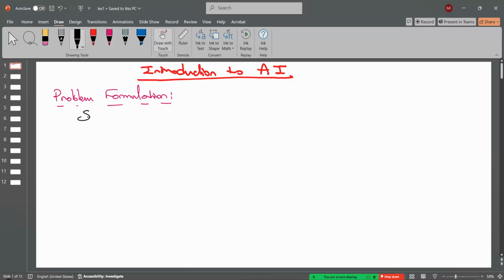First of all, suppose that we have this kind of equation: y is equal to 2 times x.